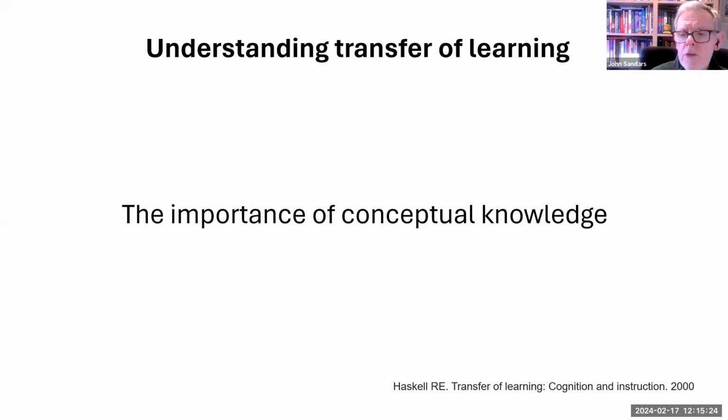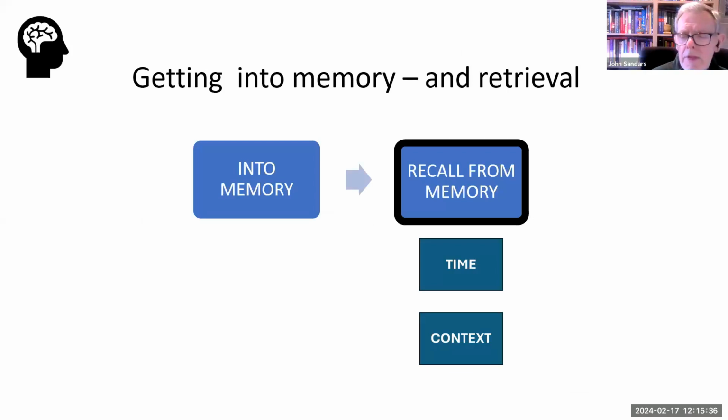So what we're going to focus on now is about how do you actually develop conceptual understanding and conceptual knowledge. And that comes down to some basics of how we actually go about the process of learning. Whatever we learn has to get into our memory. And then it has to be recalled from the memory at the time of the situation when you are applying it.